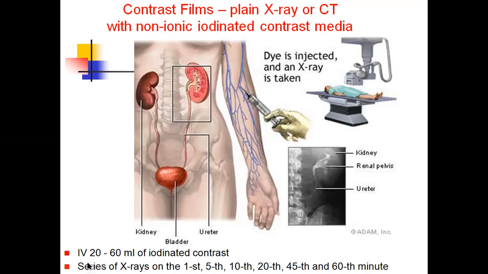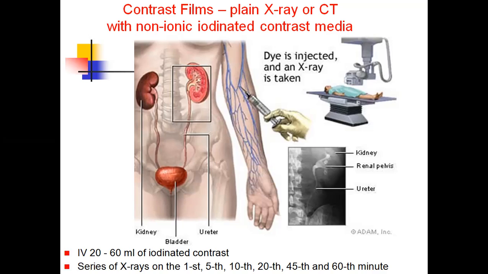Usually not more than 20 up to 60 milliliters of iodinated non-ionic contrast media is necessary, and then a series of X-rays are taken on the first, fifth, 10th, 20th, 45th minutes, and maybe later. As a rule, the first, 10th and 20th minutes are enough.